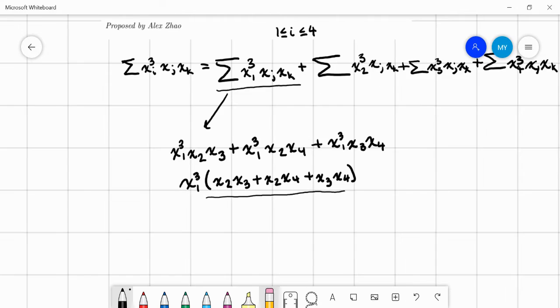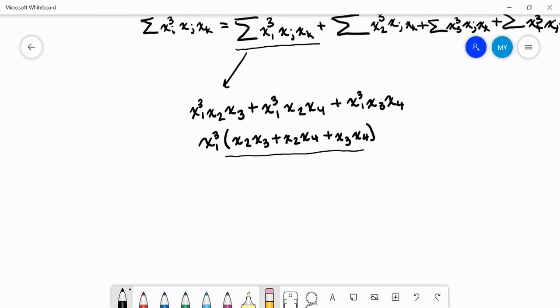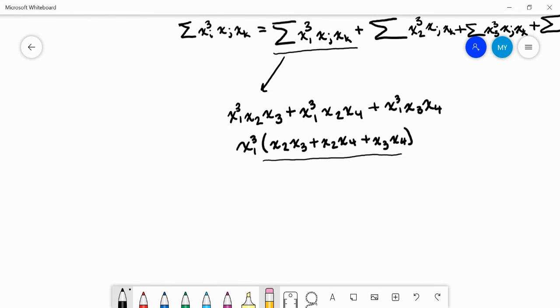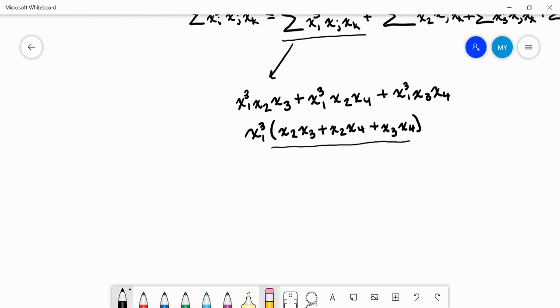But we'd really like to get an x1 involved. So here's what we're going to do. We're going to use the fact that this looks a lot like the second symmetric sum, except without the x1 terms. So what is the second symmetric sum in the variables x1, x2, x3, and x4? This is equal to x1 x2 plus x1 x3 plus x1 x4 plus x2 x3 plus x2 x4 plus x3 x4.